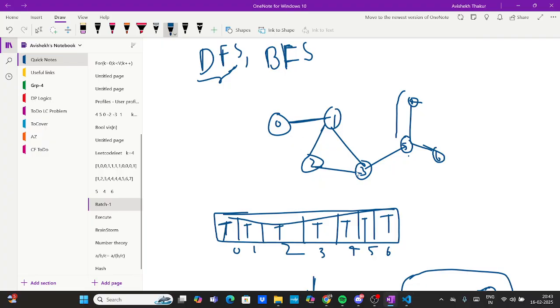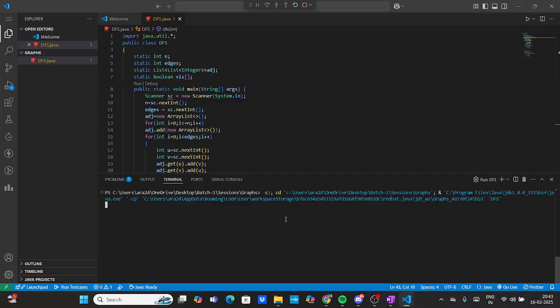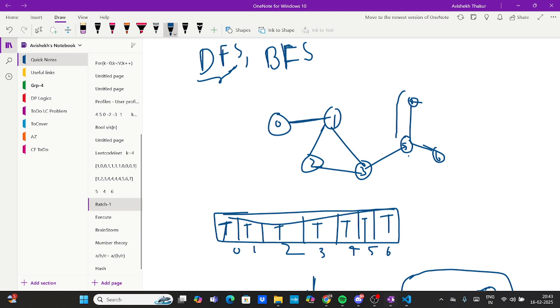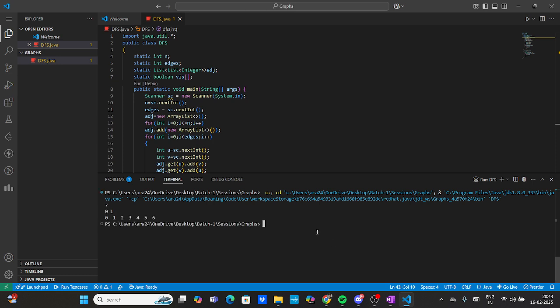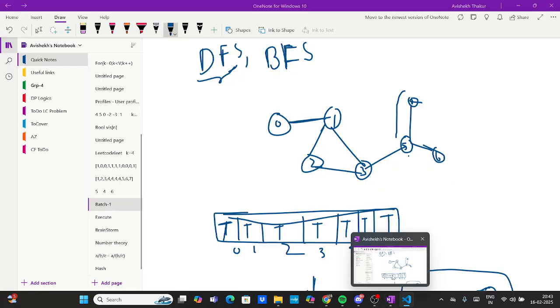0, 1, 1, 2. See, how many nodes? 1, 2, 3, 4? 7 nodes. So quickly, let's try, someone just remember the sequence 0, 1, 1, 2. Take an example. 7, comma, how many edges? 1, 2, 3, 4, 5, 6, 7. 7 edges.